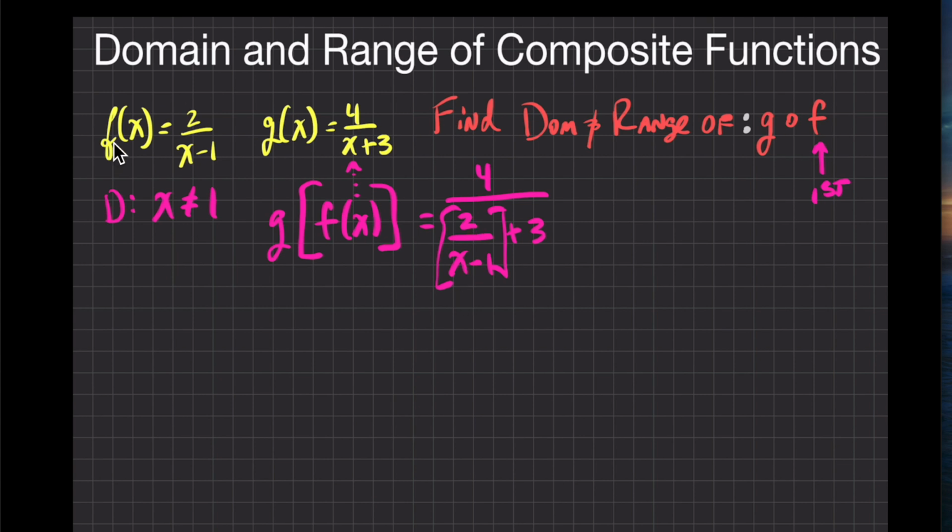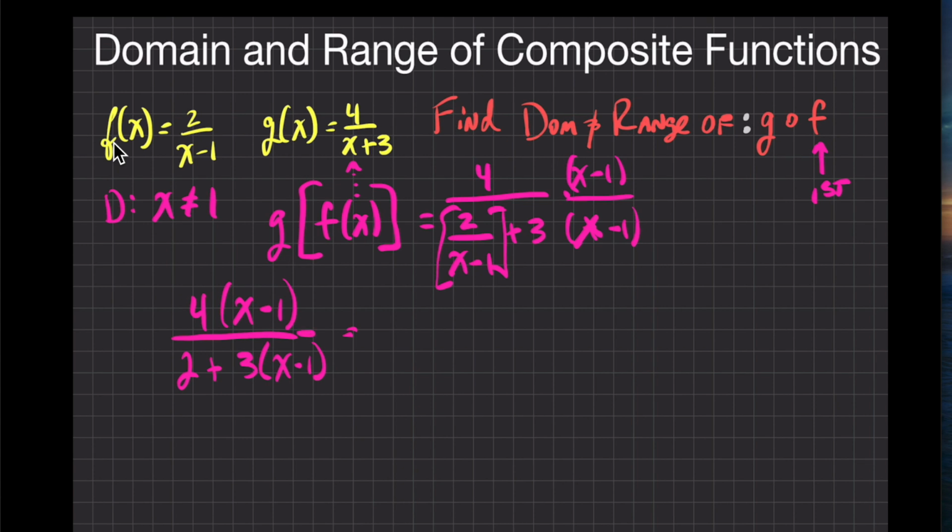Let's go ahead and simplify this rational function by multiplying top and bottom by x minus 1. When we do that, in the numerator, we're going to have 4 times x minus 1. And in the denominator, we're going to have 2 plus 3 times x minus 1.